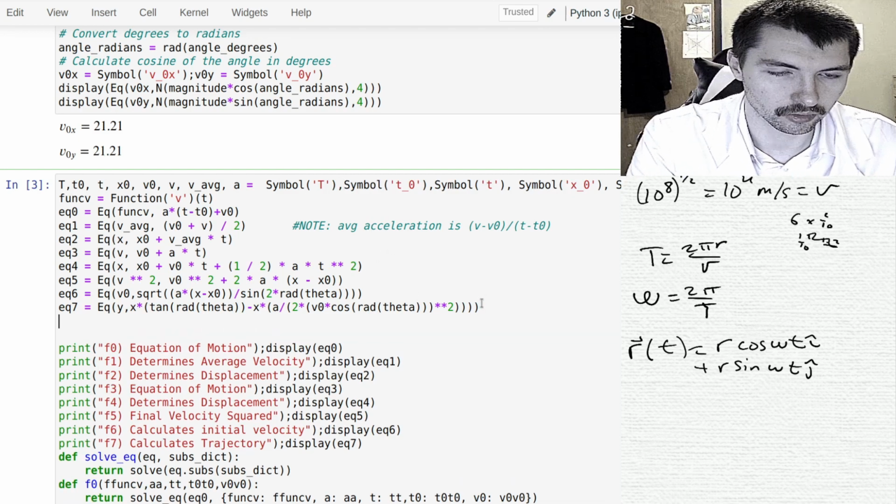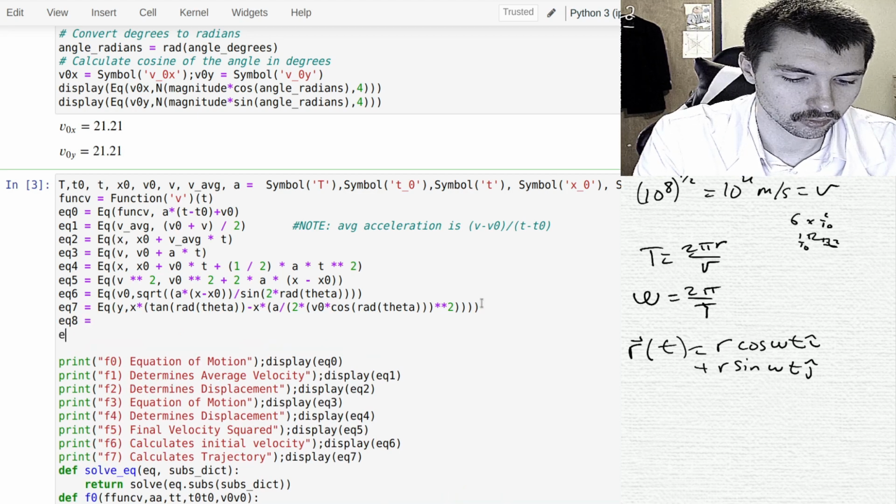Okay, so we're going to do two equations, equation 8, equation 9.